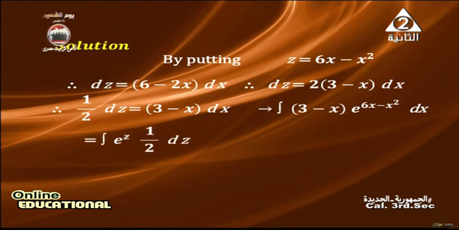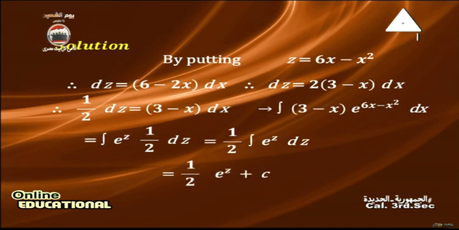Then the integration of e to the power z multiply half dz equals half integration e to the power z dz. We know that the integration of e to the power z equals e to the power z. Then this integration equals half e to the power z plus the constant c.